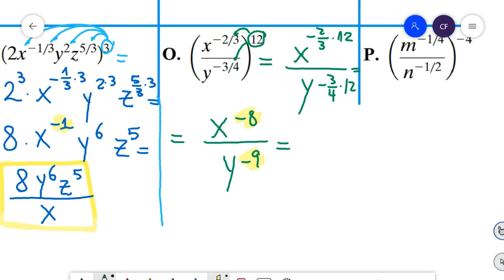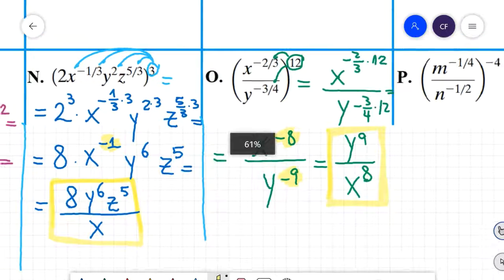And this is going to be interesting because we will flip the numerator to the denominator with a positive exponent. We'll flip the denominator to the numerator with the positive exponents. That is the right answer. All right. Let me zoom out.